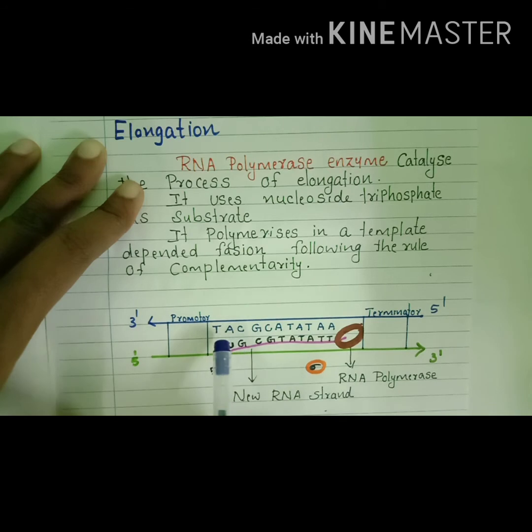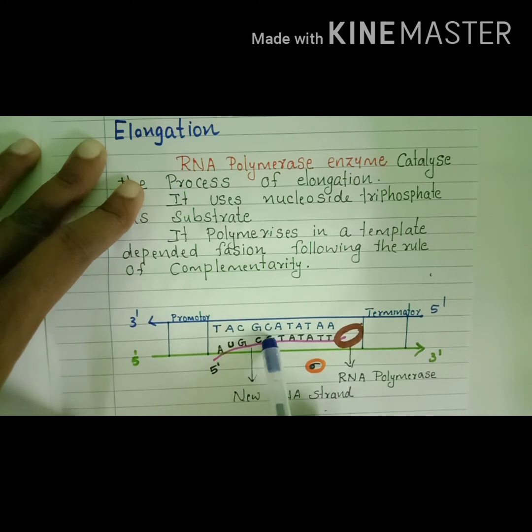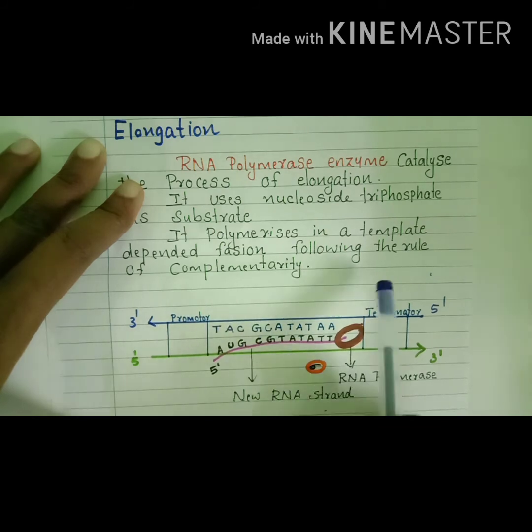Next, if the template strand consists of cytosine, which nucleoside triphosphate will be synthesized here? Guanosine monophosphate. That is called the rule of complementarity. So the RNA polymerase enzyme will polymerize depending on the template, and it will also follow the rule of complementarity.